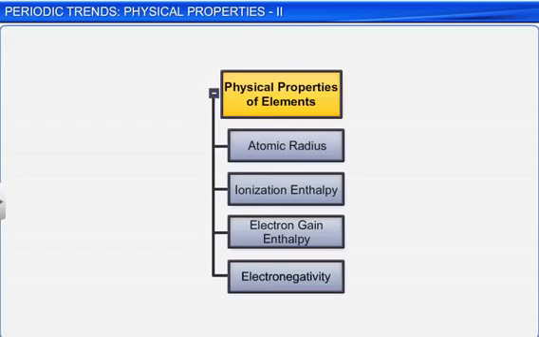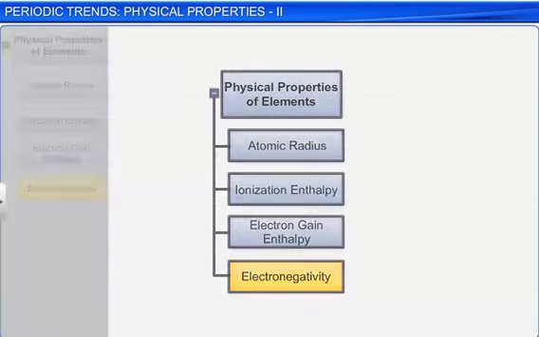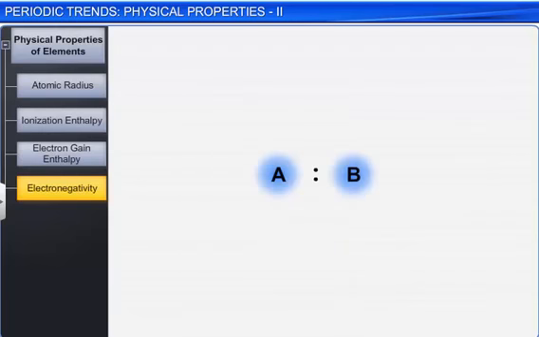Another physical property of elements in the periodic table, usually confused with electron gain enthalpy, is electronegativity. It is the ability of an atom in a chemical compound to attract shared pair of electrons towards itself.